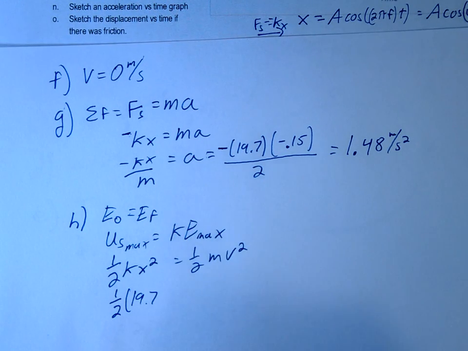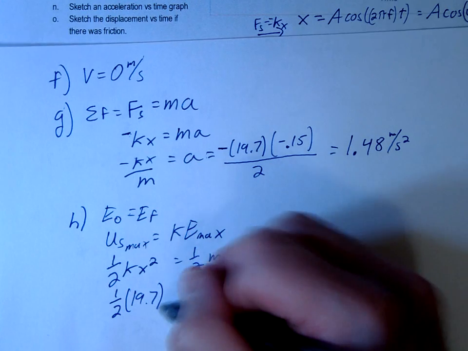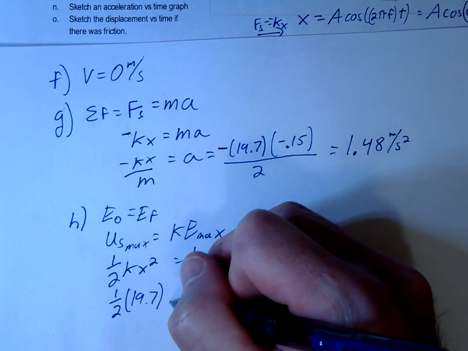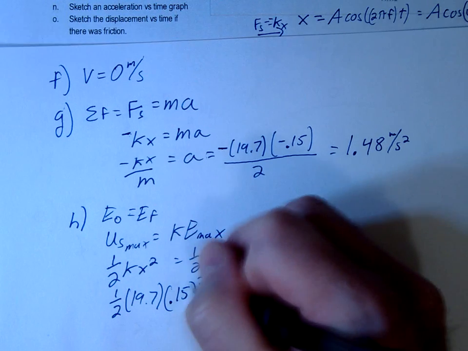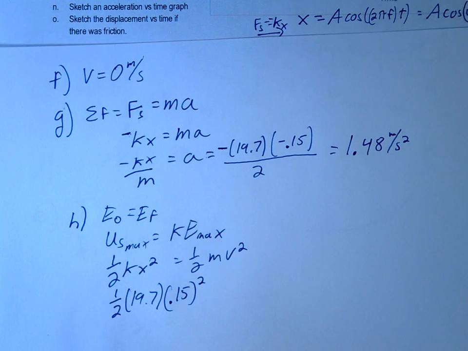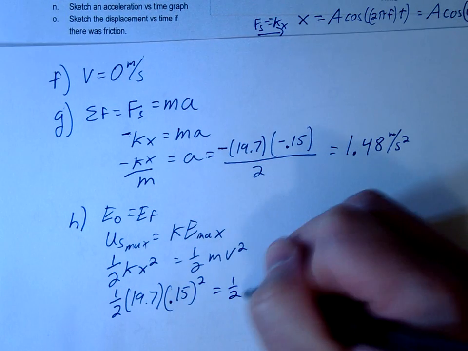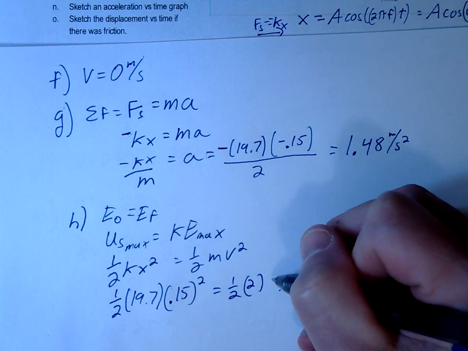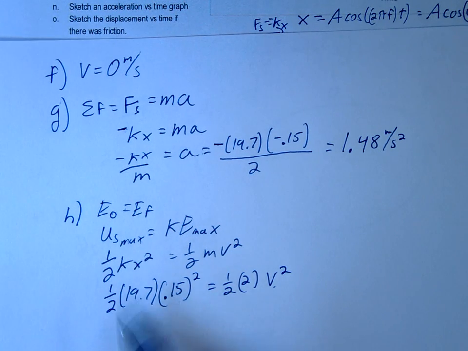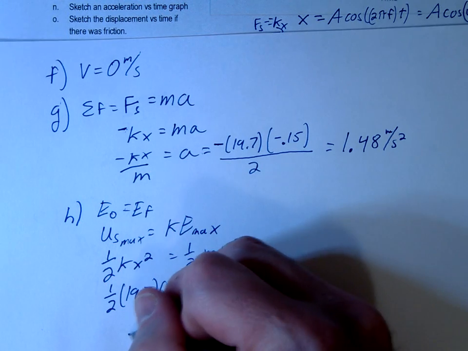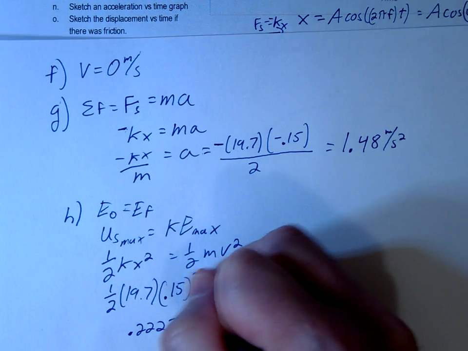So let's just get the number for that to save us some time. So this is going to be 0.15. This is just at the amplitude, right? The maximum amount. It equals 1/2 times 2 kilograms times our v squared. Okay, so when I plug this in, I'm going to get 0.222 joules.